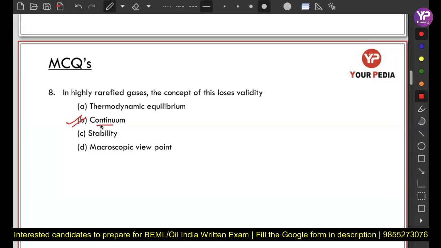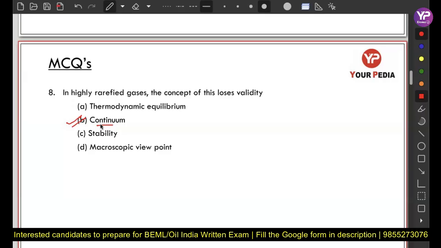Due to the continuous presence of matter at each and every point, we can simply perform integration and mathematical calculations. If the matter is not present everywhere, you cannot use the mathematics. You cannot convert a physical problem into mathematical problems and perform further calculations.